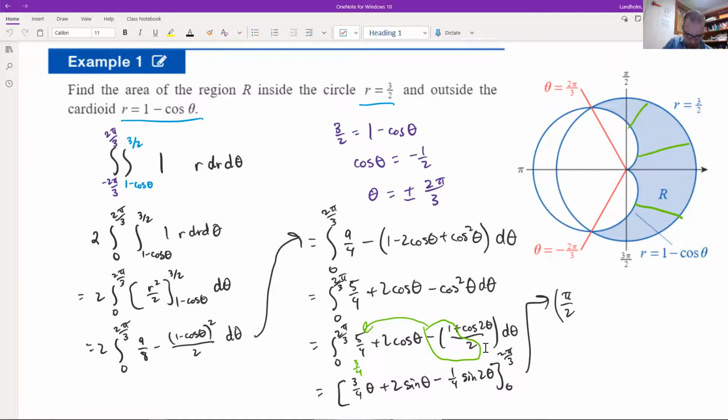And then plus 2 times the sine of 2 pi thirds, which would be the square root of 2 over 2. No, it's not square root of 2, it's square root of 3 over 2.